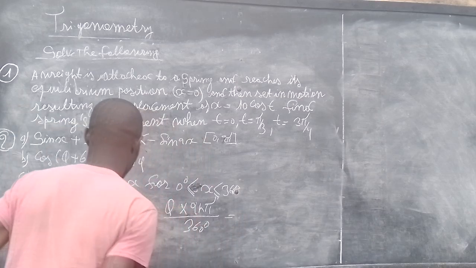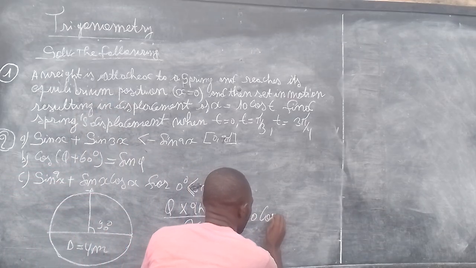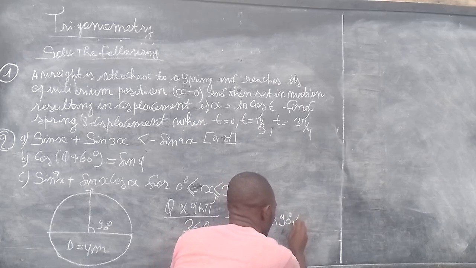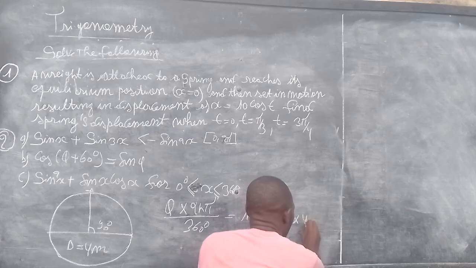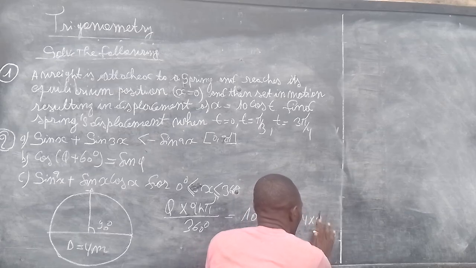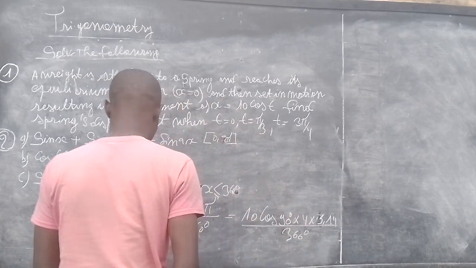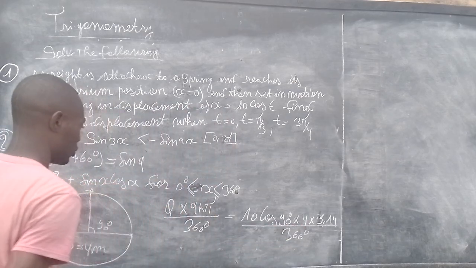So let's go. Here we have 10 cos 90 degrees times 4 times 3.14 over 360 degrees. We suppose that the radius equals 2 meters.